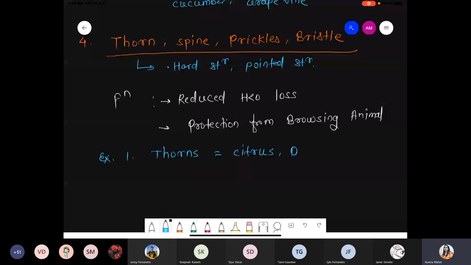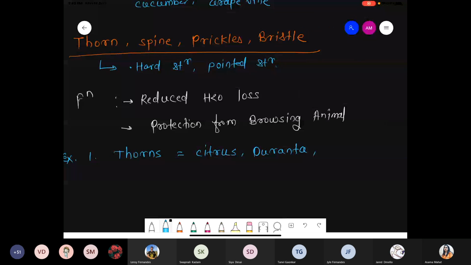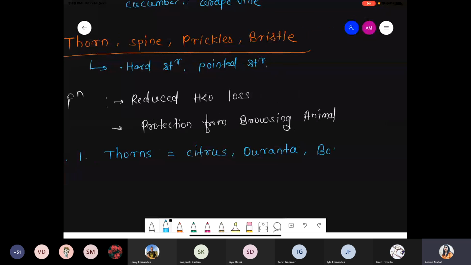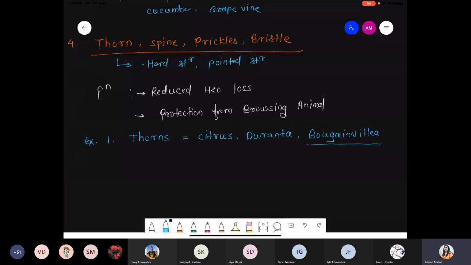Third one, we are taking as example, they are also present in bougainvillea. So these are the few examples where hard pointed structures, that is thorns, are present.